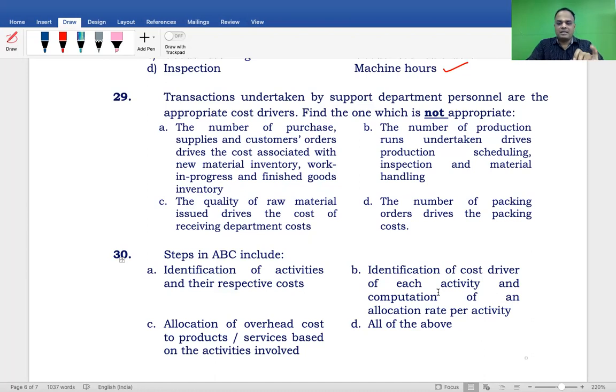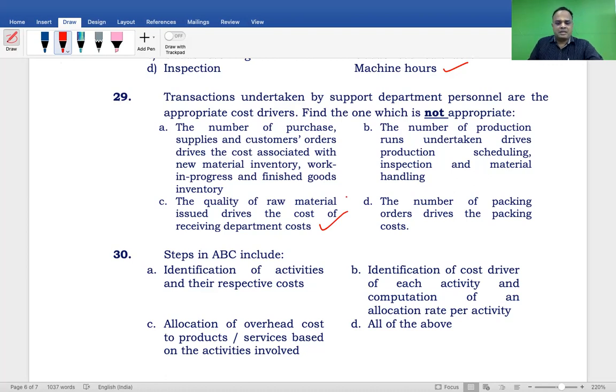It's the correct one. Second one, number of production runs undertaken drives production scheduling, inspection, and material handling. Am I right or not? That is also correct. Then C, quantity of raw material issued drives the cost of the receiving department. No, that may not be correct. We'll see the last answer also. The number of packing orders drives the packing cost. So which one is not correct? C is not correct. The other thing is based on cost driver matching, right?